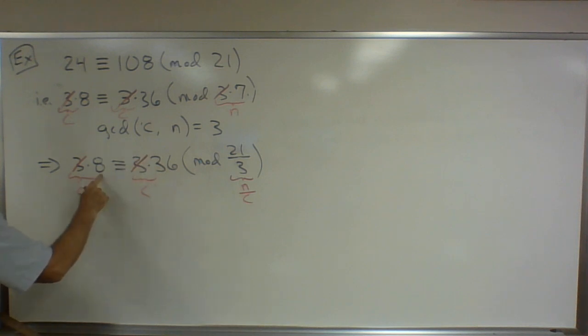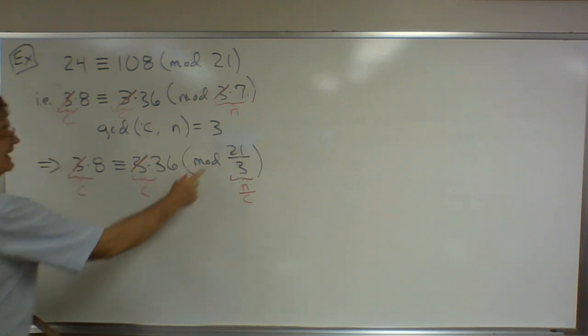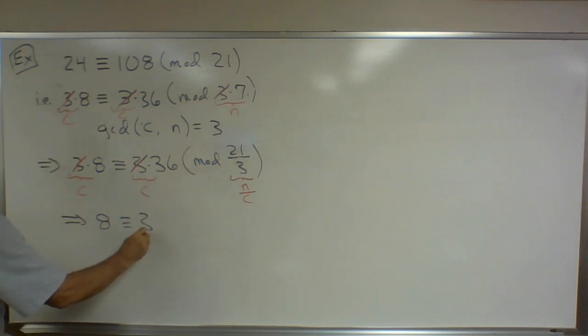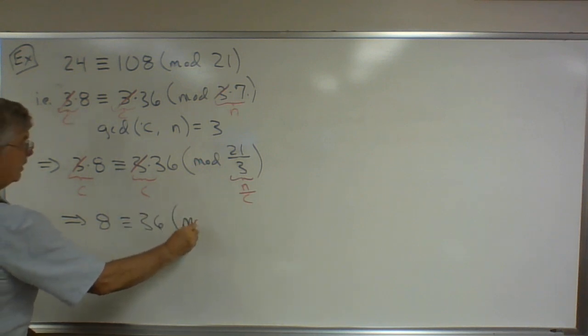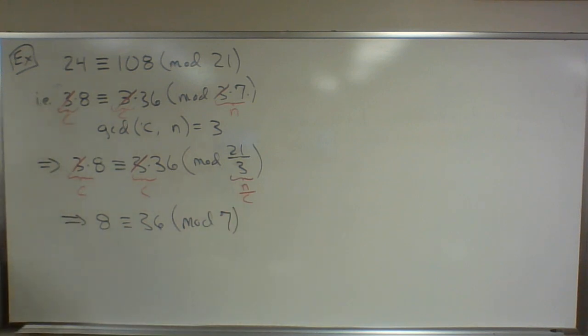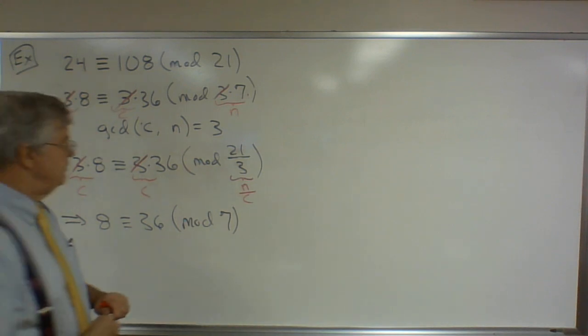What's left is congruent mod n over 3. And that is to say 8 is congruent to 36 mod 7. Now, is that true? 8 mod 7 is 1. 36 mod 7 is 1. So yes, it is indeed true.